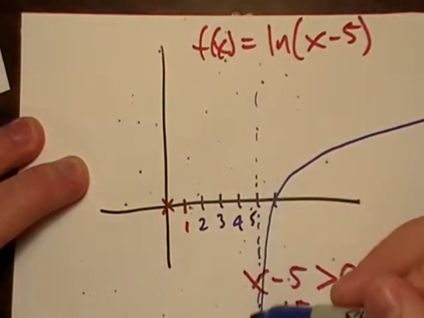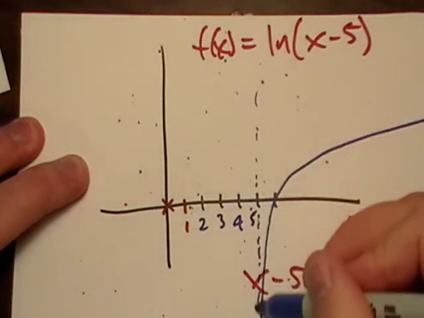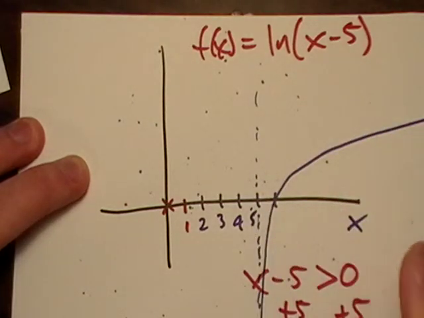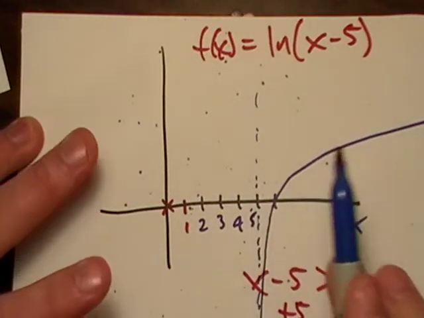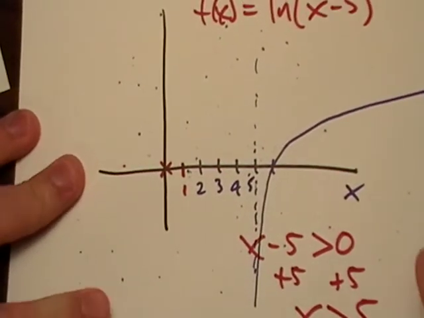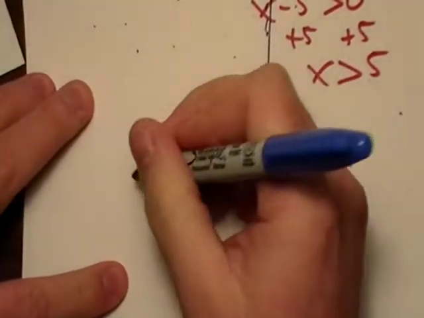So it makes sense. If x is equal to 5, then I run into my vertical asymptote, and we all burst into flames. But that's basically it in a nutshell.